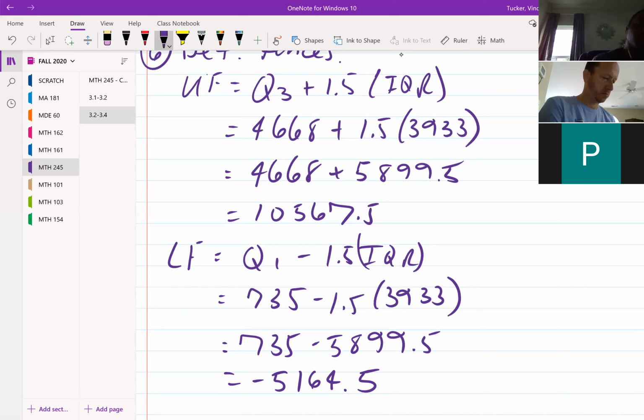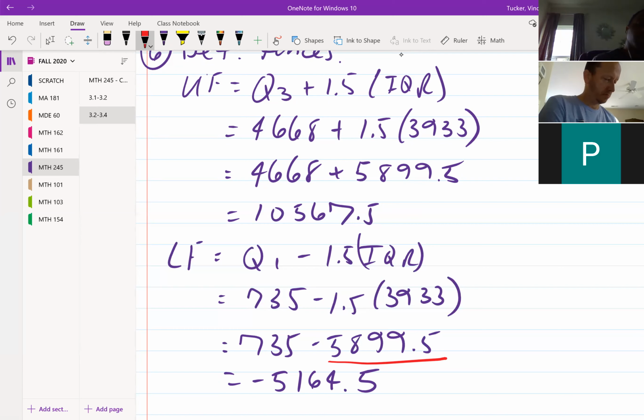How did you get the negative value? If you do 735 minus the 5899.5, I don't do the 1.5 times the 3933 first. Yeah, and that's how we got the 5899.5. Mine didn't come up with a negative. So how did you do it? I did the 1.5 times 3933, then I took the sum of that and subtracted 735, and I came up with 5899.5.